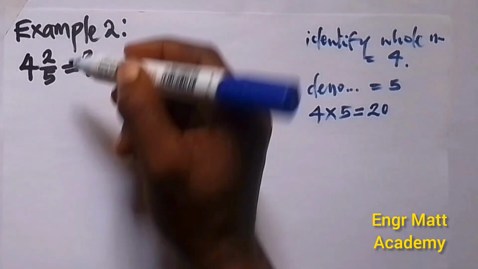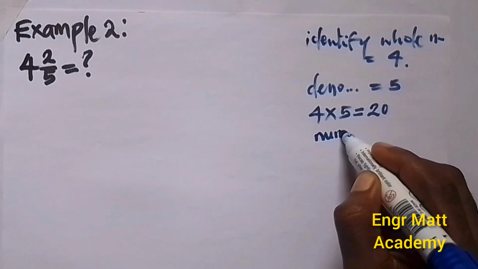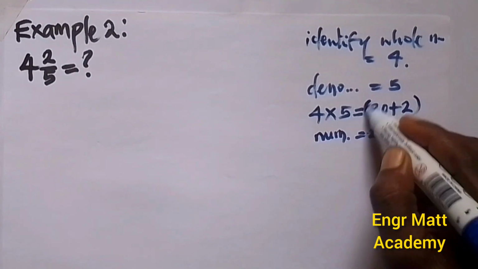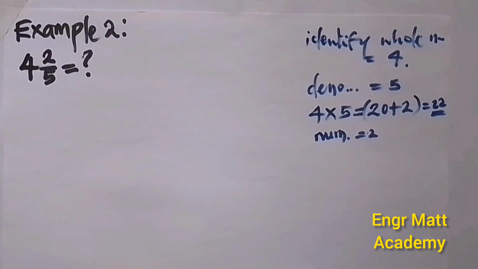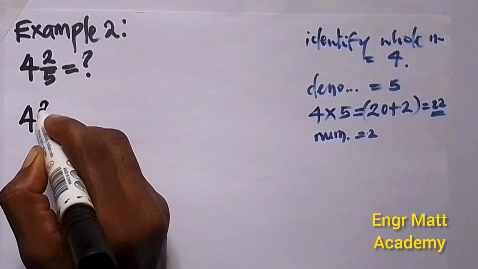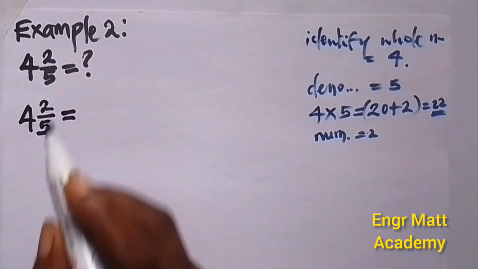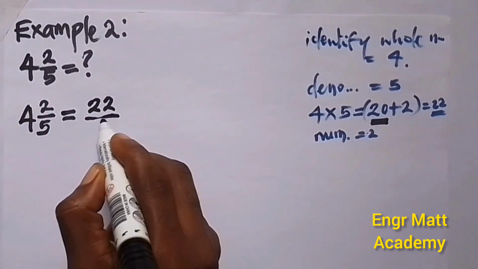Next, add the numerator, 2. The numerator is 2. Add it to the product, and that will lead us to 22. And that is it. 4 whole number 2/5 will be equal to 22/5.